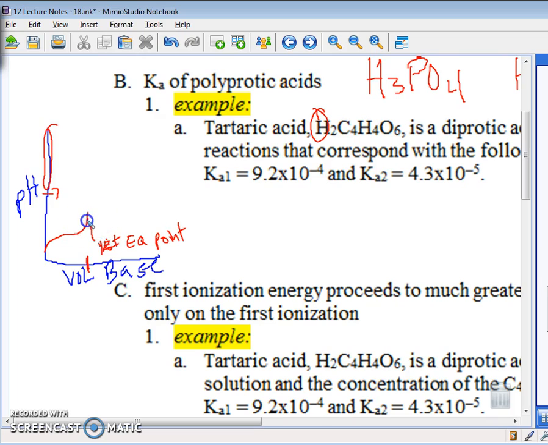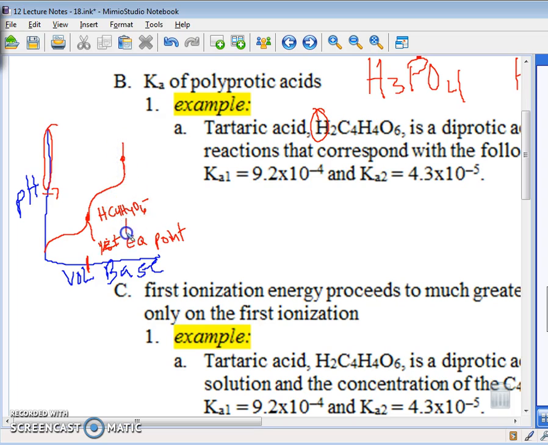So then sitting here at that equivalence point, in the case of tartaric acid, I now have HC4H4O6 minus. There's still one more proton that can be removed. So we're going to go through a second equivalence point. It's going to again go up, just like before, and spike.